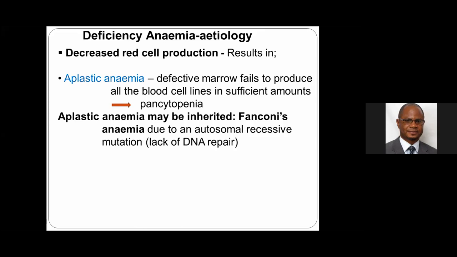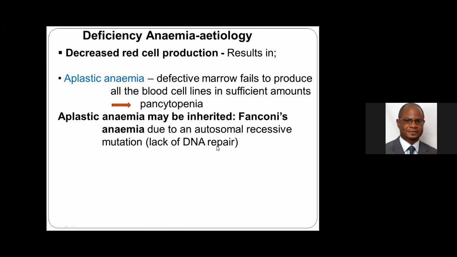So we see pancytopenia. Pancytopenia is when all the blood cell lines are not produced in sufficient amount, including red blood cells. And so red blood cell, lack of it lead to anemia, and the anemia that results is known as aplastic anemia.